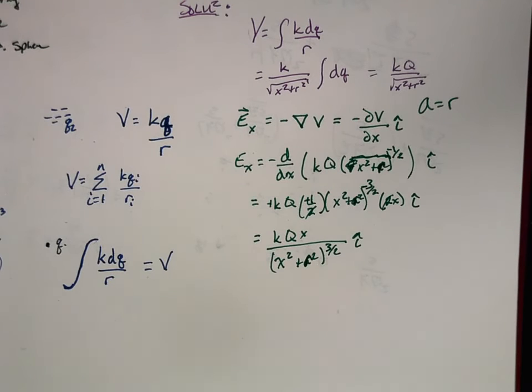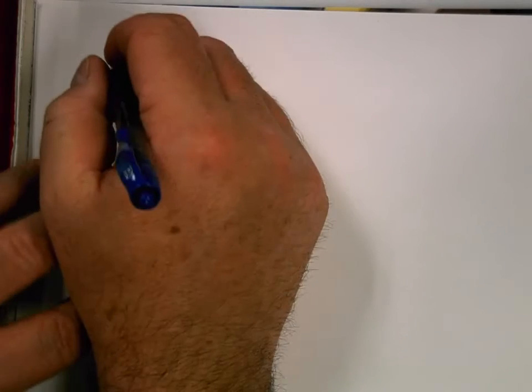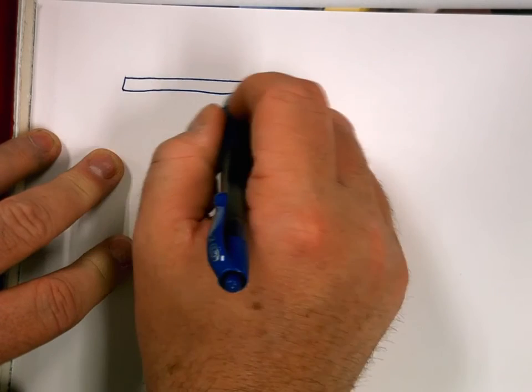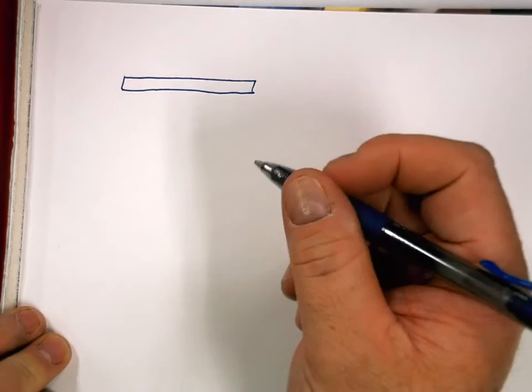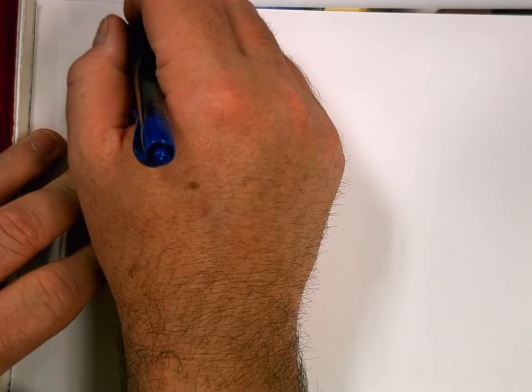Okay. New one. This time we have a rod of length L, and we have a point that is the distance a above one end.